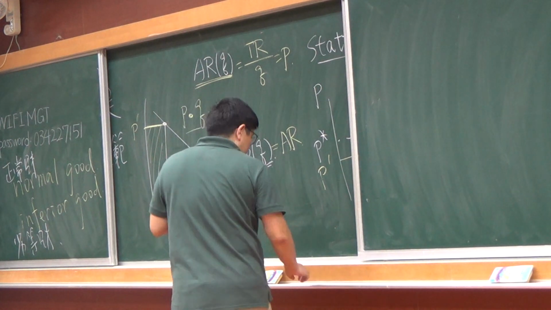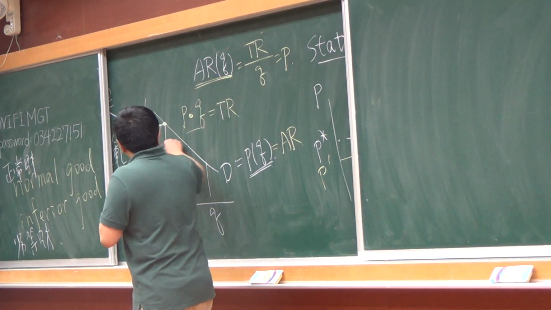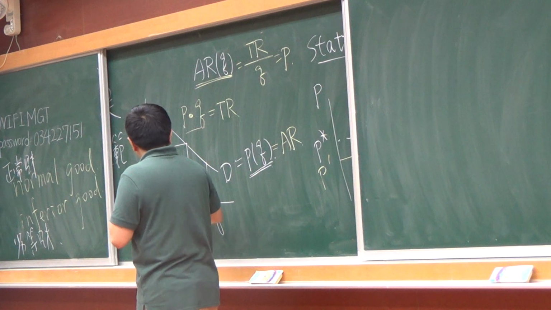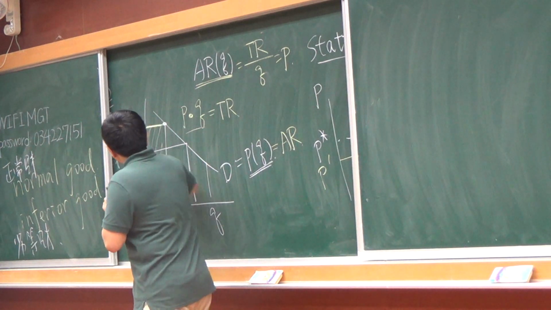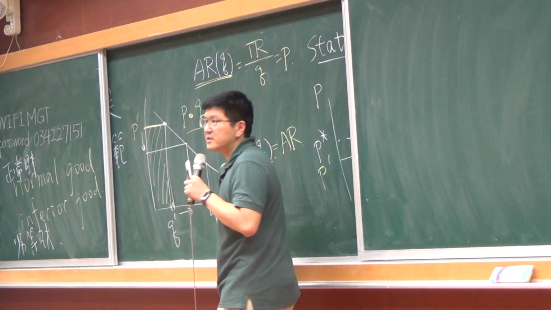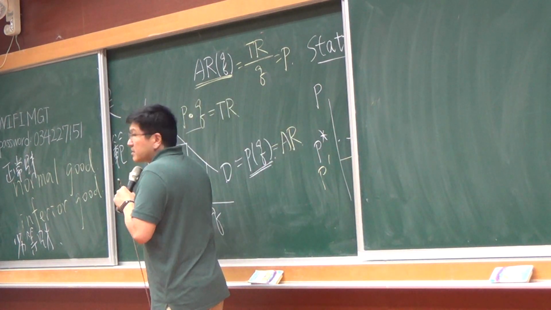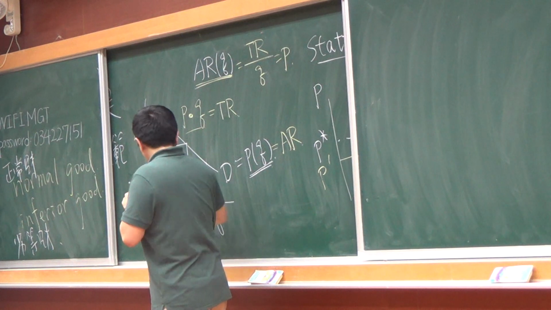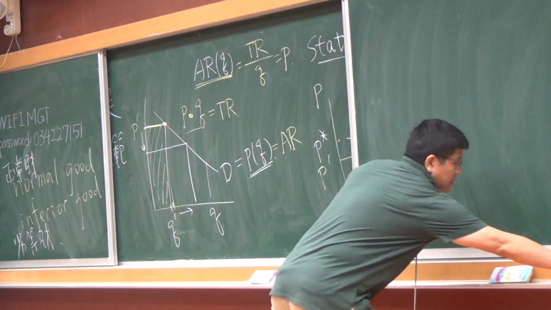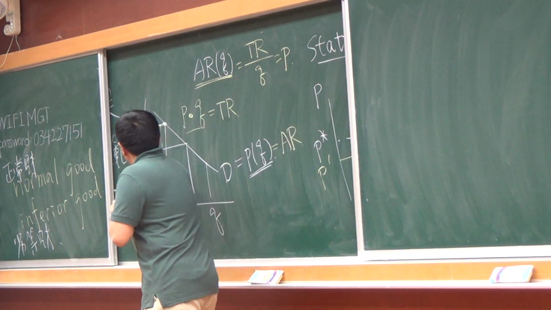But in this case, when I lower the price, I can increase the quantity sold, and the total revenue would change from this one to this one.